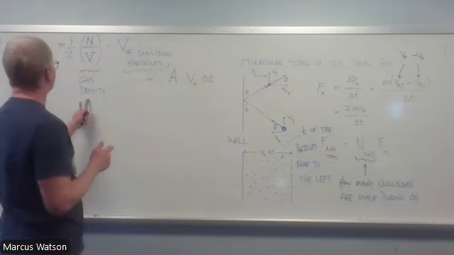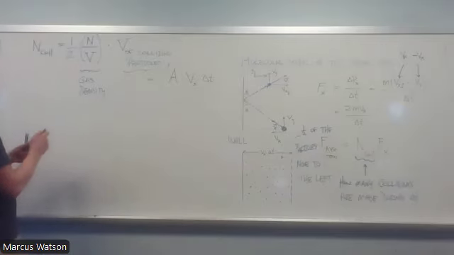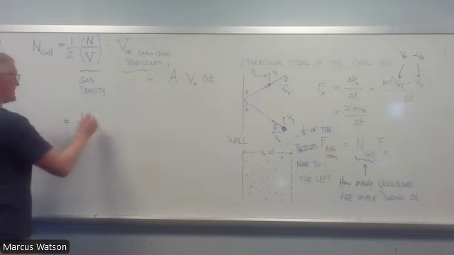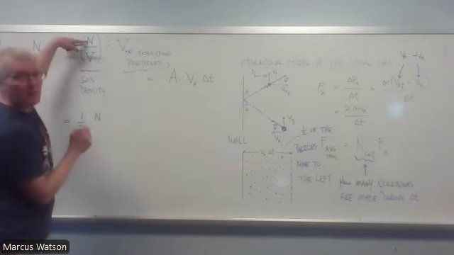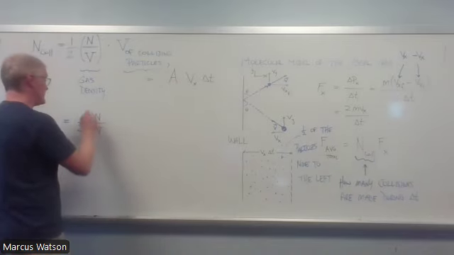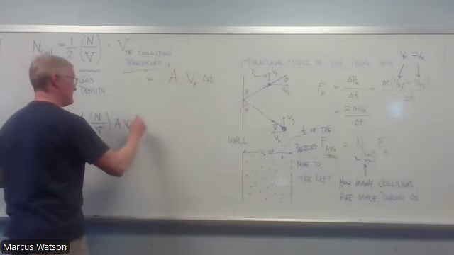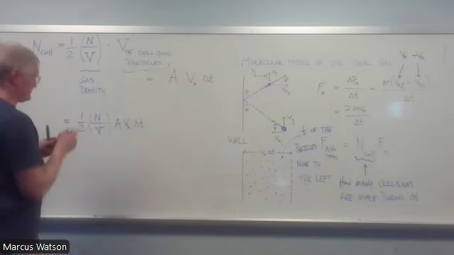This is the density and the number of collisions. So the total number of collisions that I'm making should equal 1/2 capital N. Now, this is the number of particles. This is the number density of particles, N over V, times A Vx delta T from the volume here.